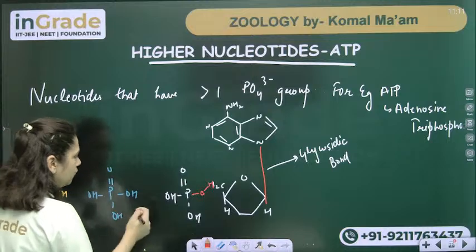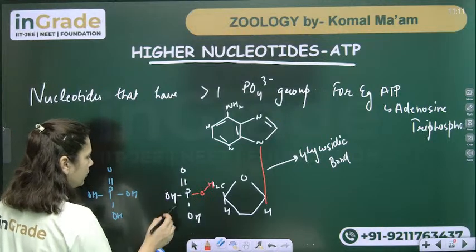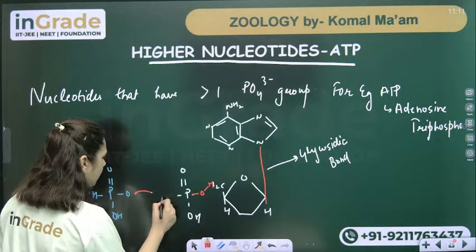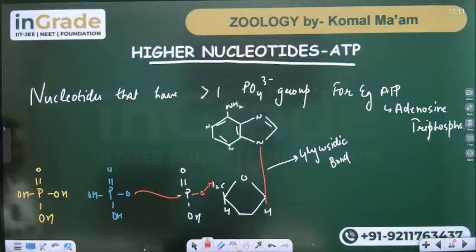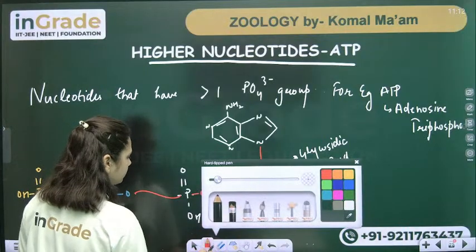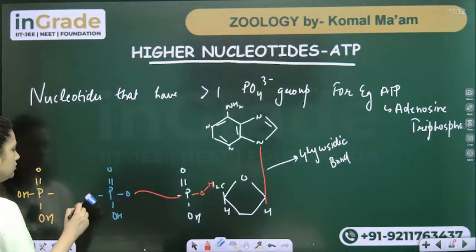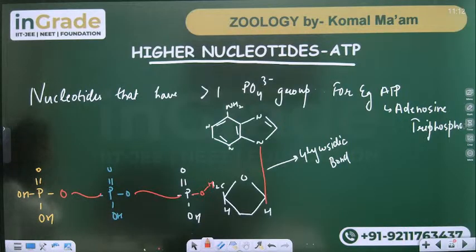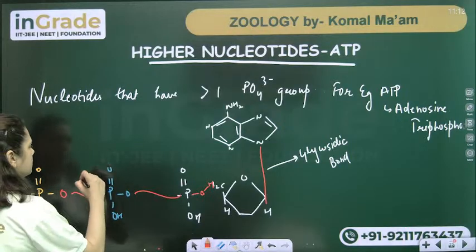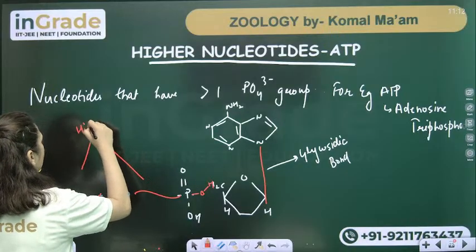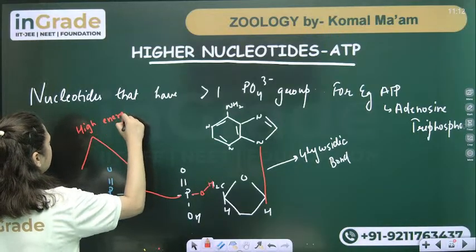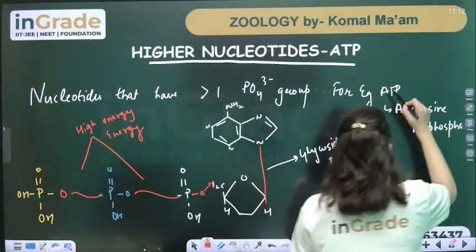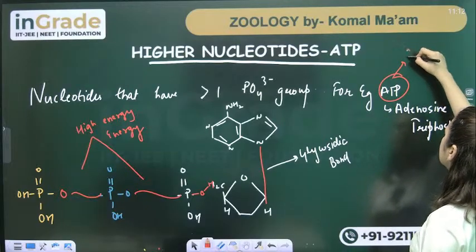Then we have this OH group and H group here. It will form a high energy bond with this phosphate group. And then we have this, it will also form high energy bonds here. So these phosphate groups are basically joined with each other through high energy bonds, and we call ATP the energy currency of the cell.